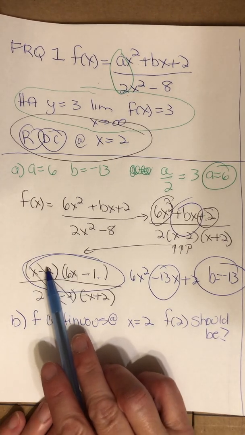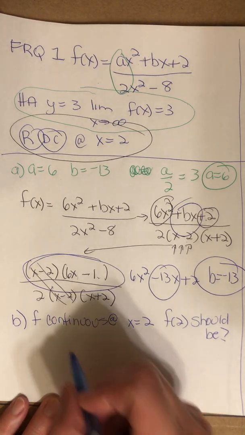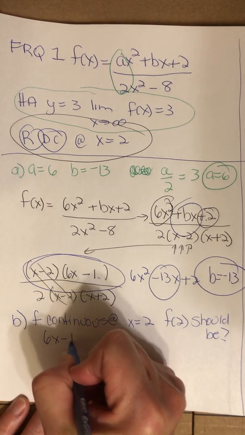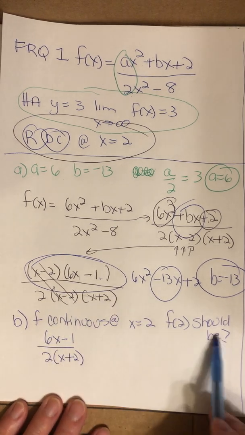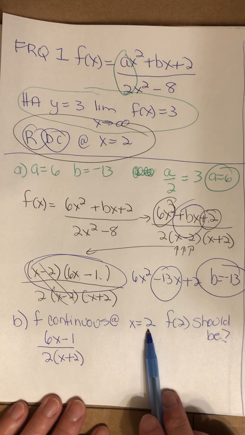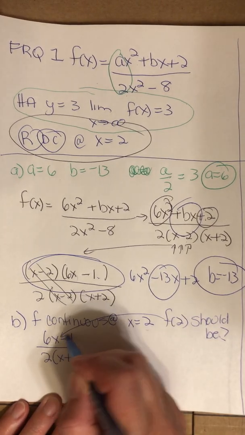We have crossed out the x minus 2's, right? And we are left with the simpler function, 6x minus 1 over 2x plus 2. There's our simpler function. And let's pop in, they want f of 2, so let's put that in.